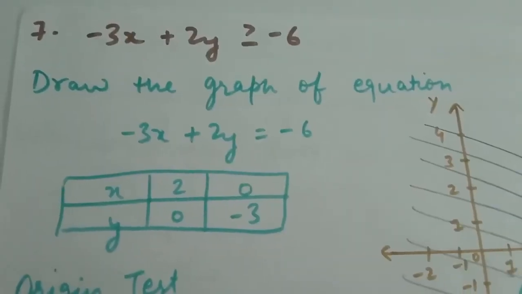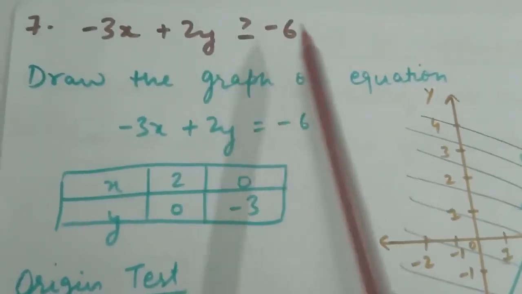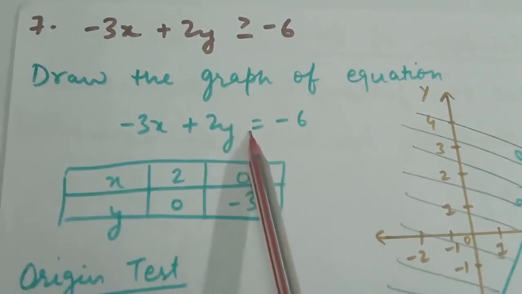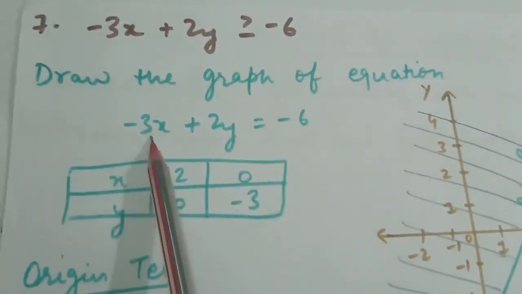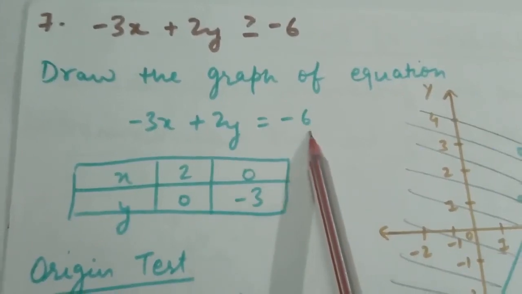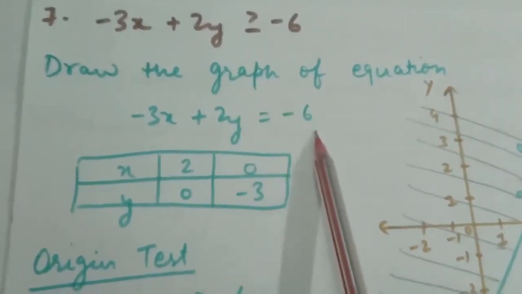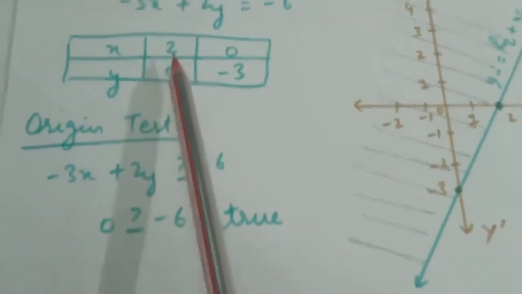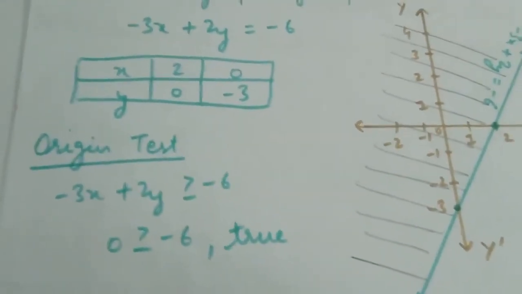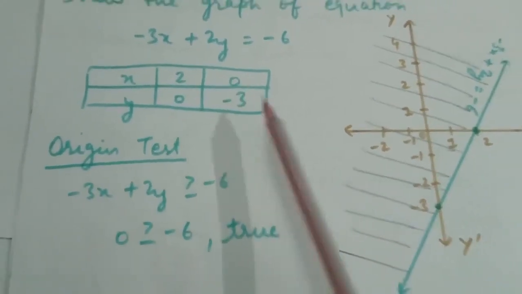Now question number 7, minus 3x plus 2y greater than or equal to minus 6. So first of all, draw the graph of the equation minus 3x plus 2y equal to minus 6. Also equality is there in the question, so we will draw a dark line. So we have taken these 2 points. When x is 2, y is 0. When x is 0, y is minus 3.